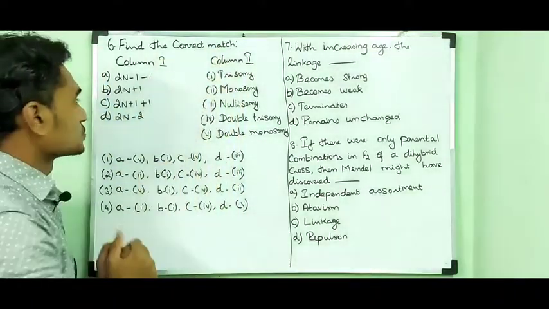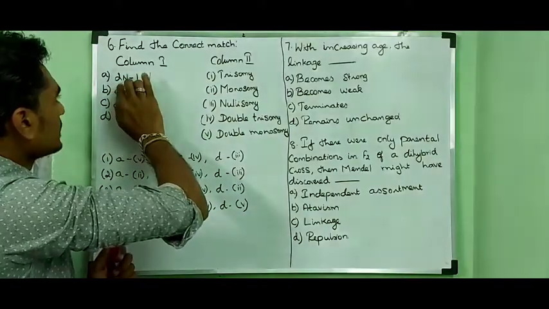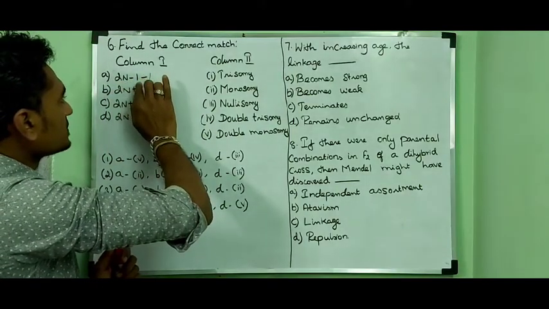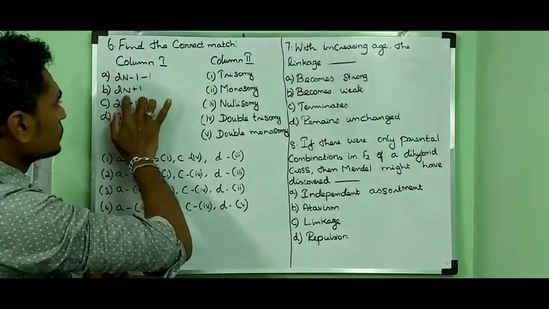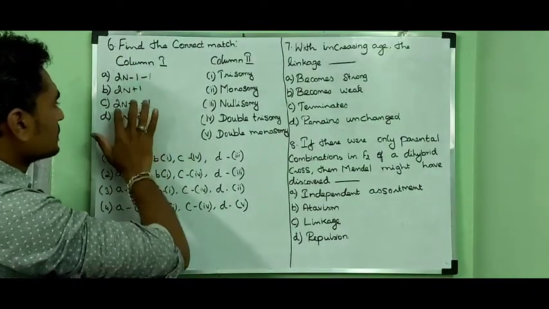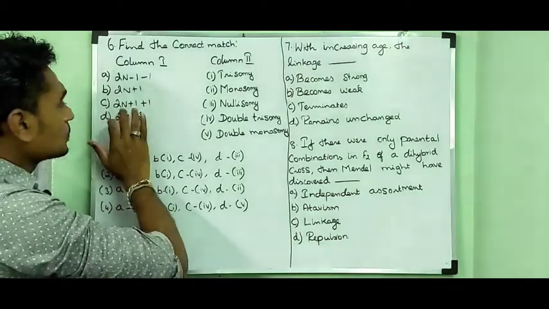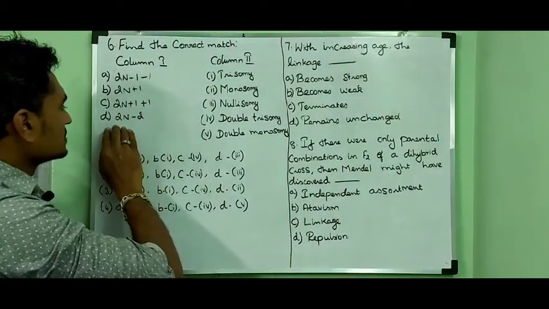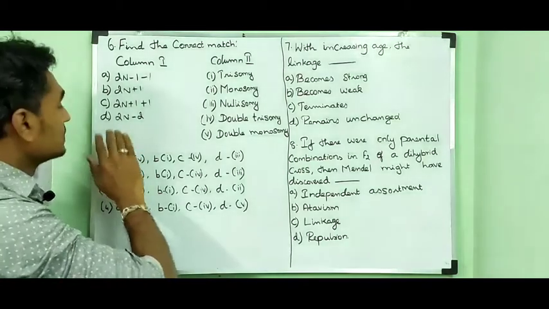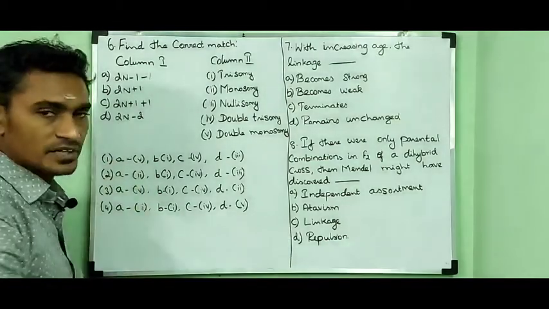The sixth question: find the correct match. Column 1: A, 2n minus 1 minus 1; B, 2n plus 1; C, 2n plus 1 plus 1; D, 2n minus 2.